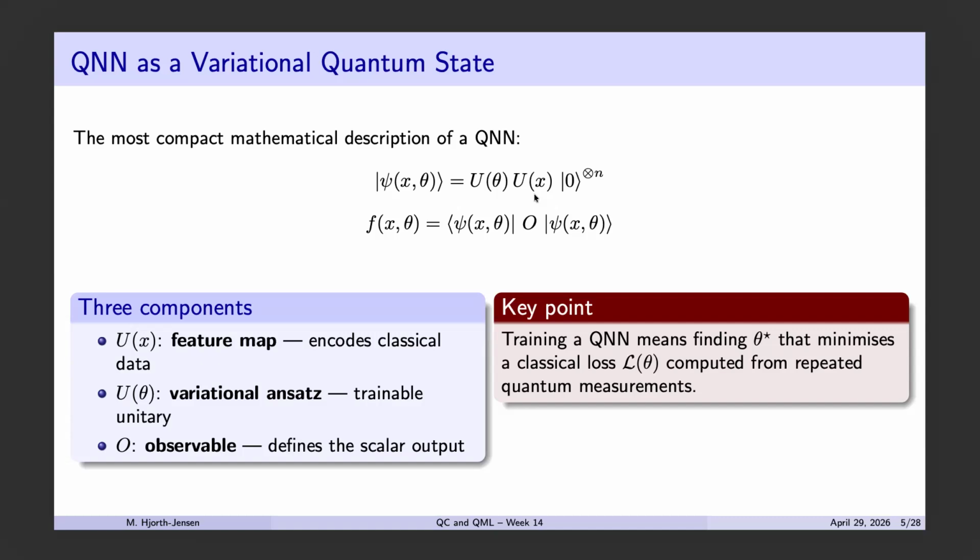And then we have the type of output which we are interested in. Training the QNN means finding parameter data that minimizes a classical loss computed from repeated quantum measurements. If you look at the pattern here, the biggest difference from what you had before when we implemented the VQE is this part here, where we are encoding the data in one way or the other. I will say a little bit more about that next week.